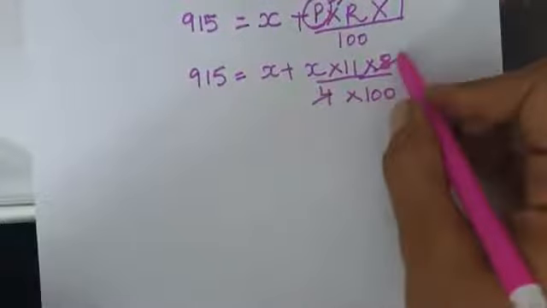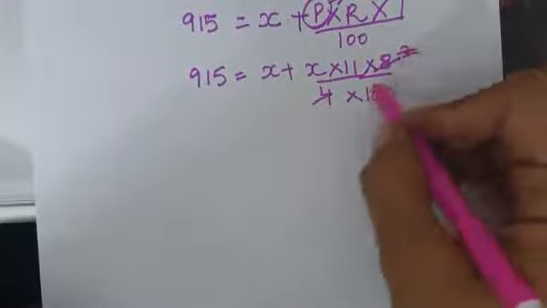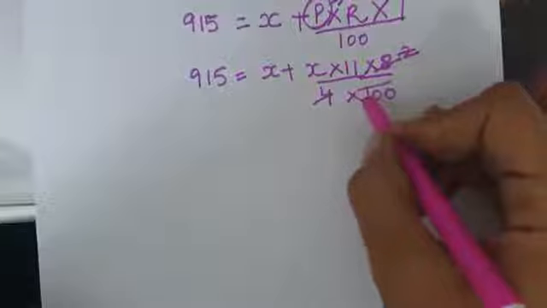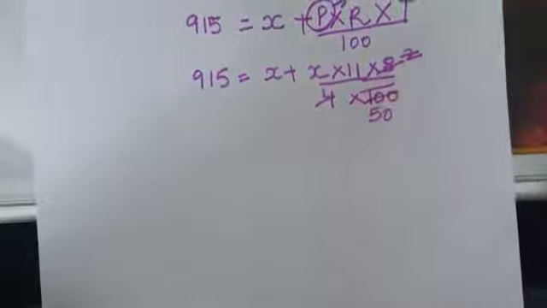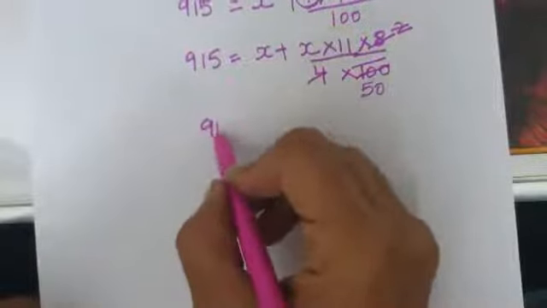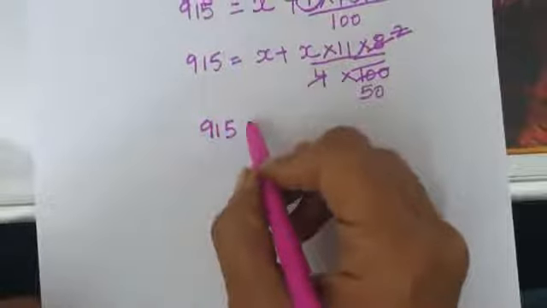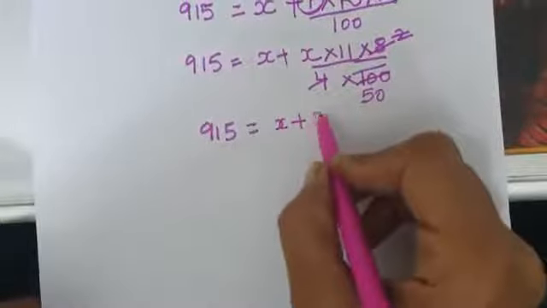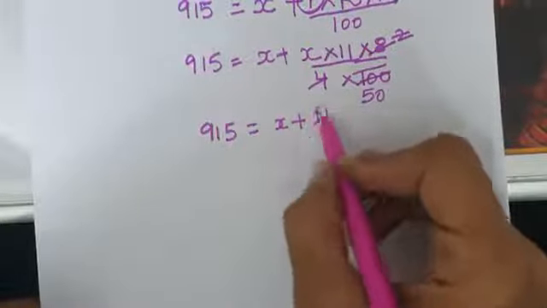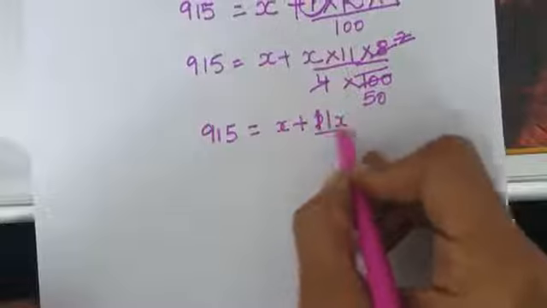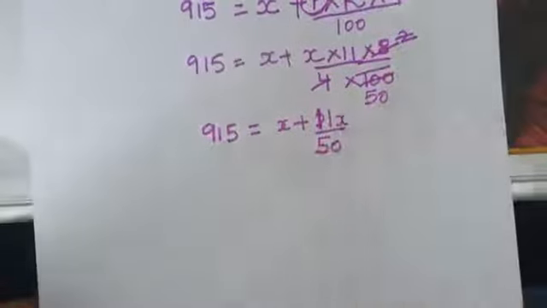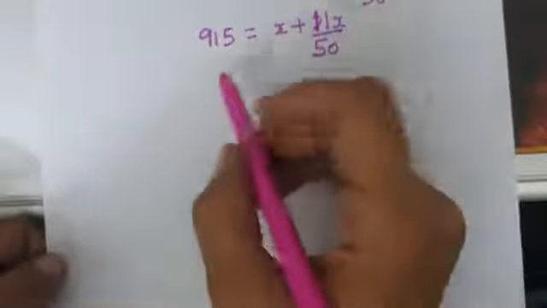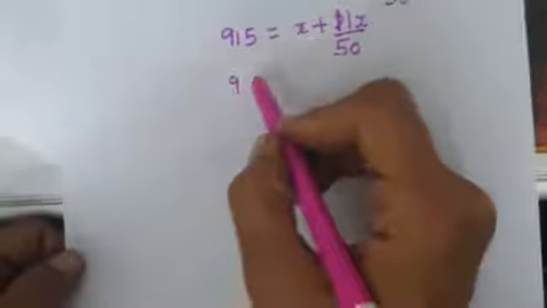Now 4 2 is 8. 2 50 is 100. Clear? So now we get what? 915 is equals to X plus 11X upon 50. So now children, take the LCM here. So what we get?